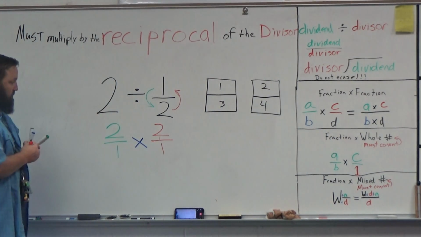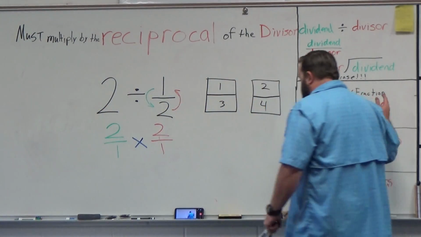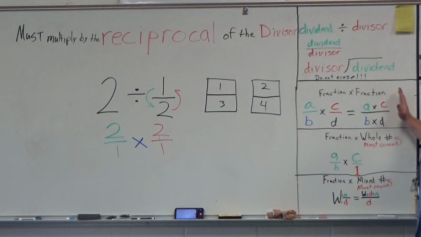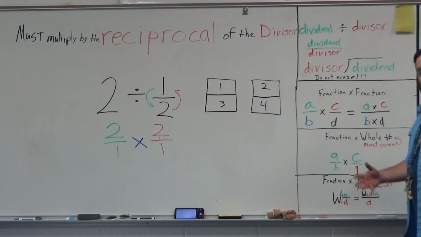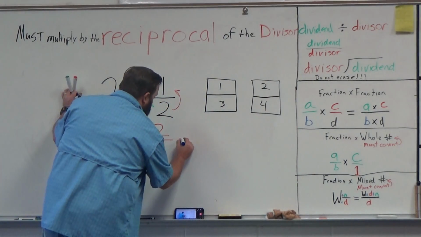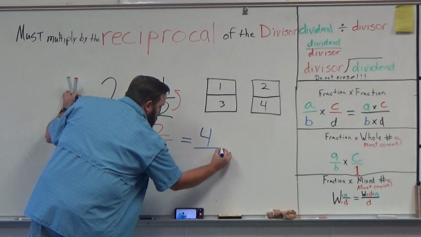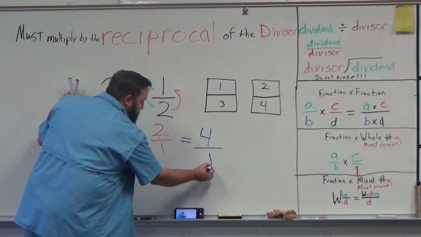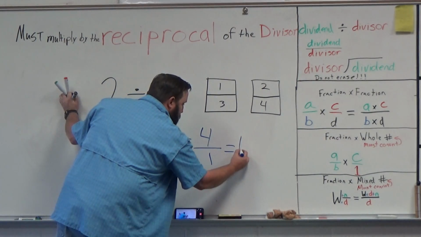Now, I said this today, we'll always come back here, guys. We'll always come back here to fraction times fraction. Alright, so do I have fraction times fraction? Has everybody been converted? Is everything good? Yes, it has. So now I simply need to multiply. 2 times 2 is 4. 1 times 1 is 1. 4 over 1 equals 4.